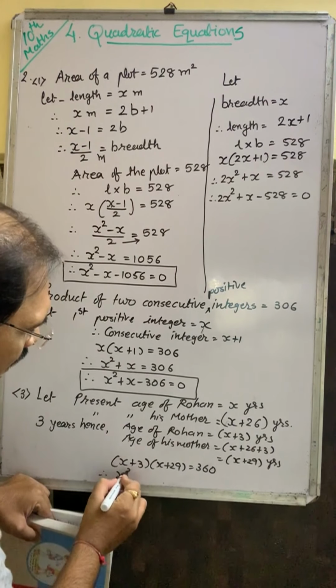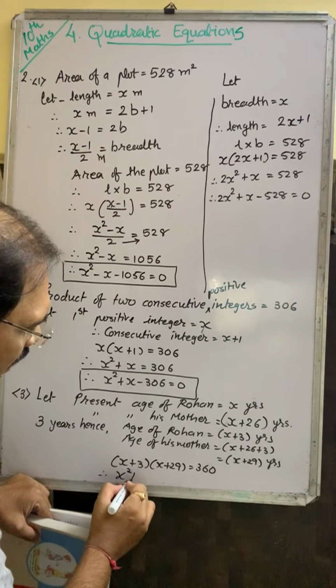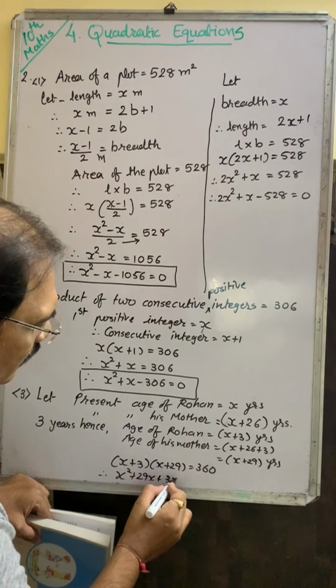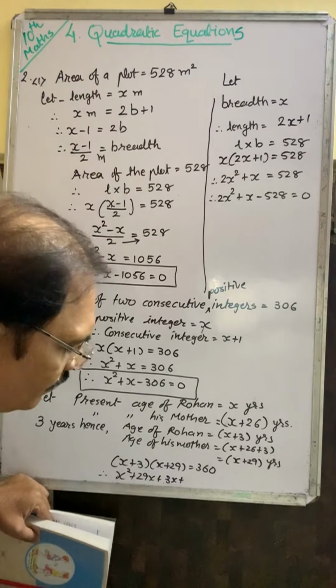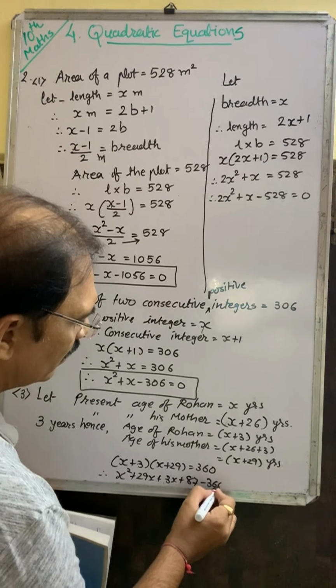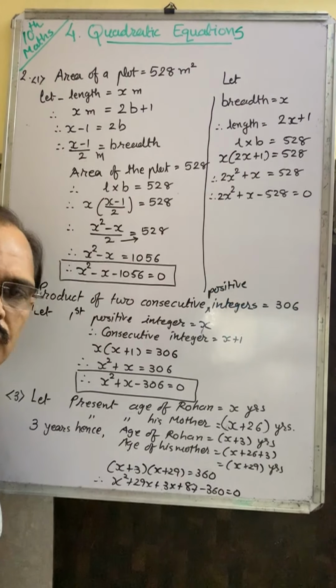Open it. x square plus 29x plus 3x, 29 threes are 87. Take 360 to this side, minus 360 equals 0.